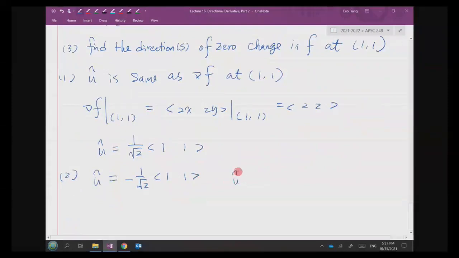So u hat is the opposite direction as the gradient vector del F. Okay, so the first two are fairly straightforward. The third one sometimes needs a little bit of calculation.